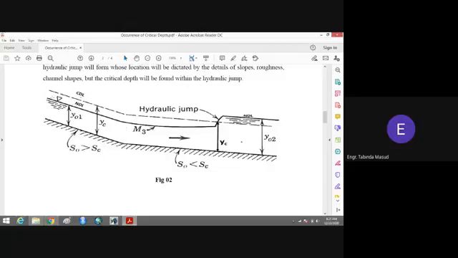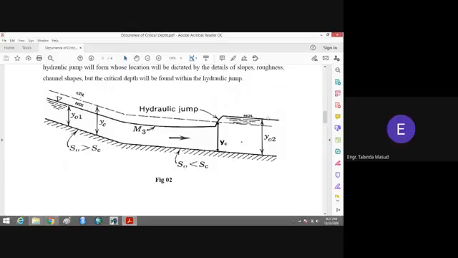You can see that this is the normal depth line. This solid line is the normal depth line, meaning this is the actual depth of the flow. You can see here that this is y01. And what will happen when the flow comes from the steep slope to the mild slope? There will be a hydraulic jump, and after the hydraulic jump the depth of the flow will be increased.